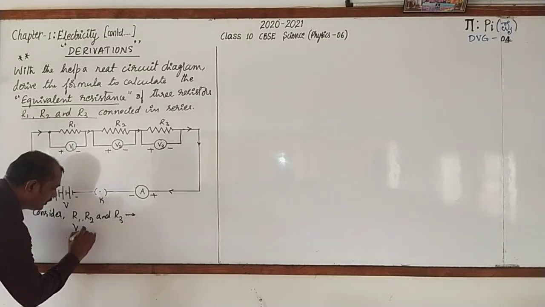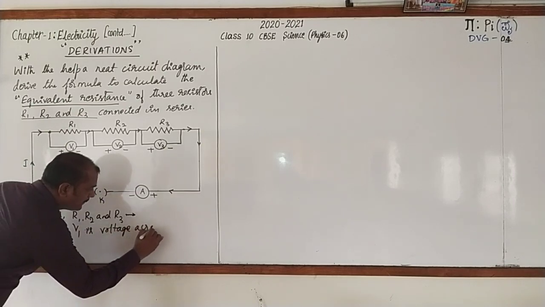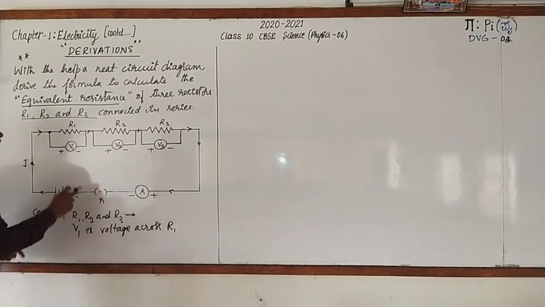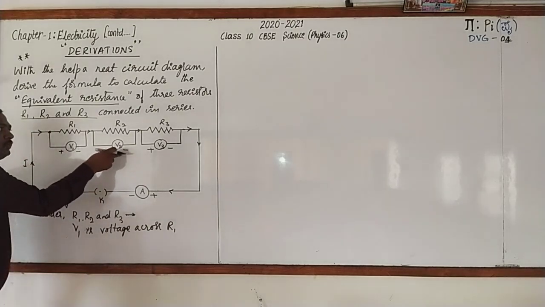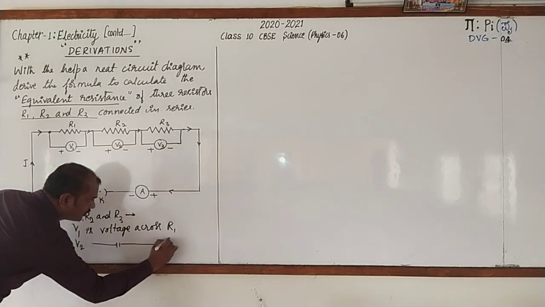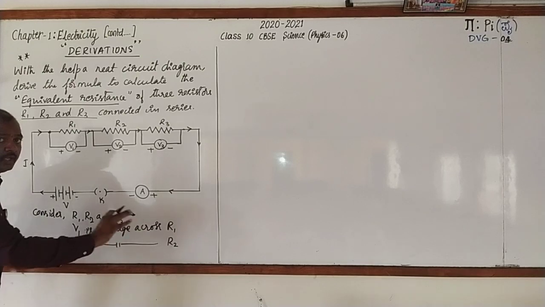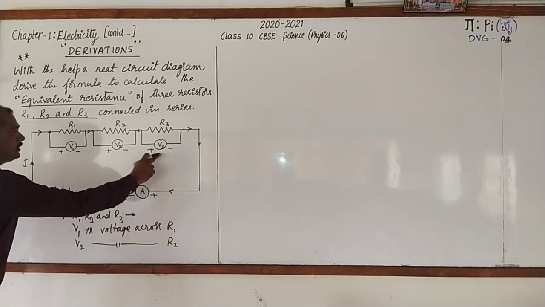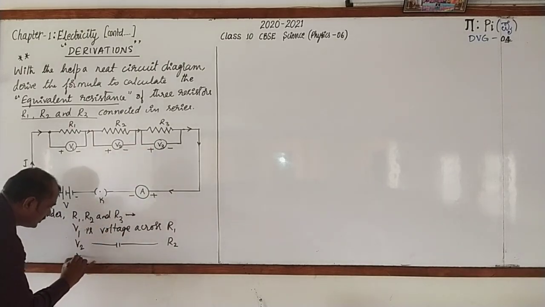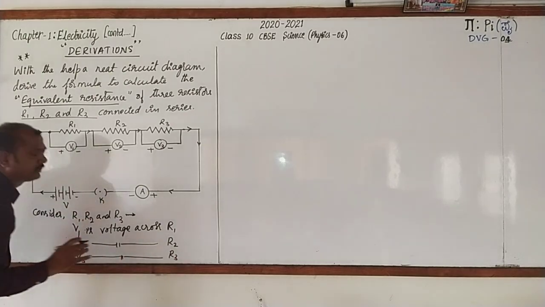Here I'll write, V1 is voltage across R1. Then what about V2? V2 is the voltage across R2. Please don't use the ditto symbol. You have to write in a sentence. Then V3 is voltage across R3.